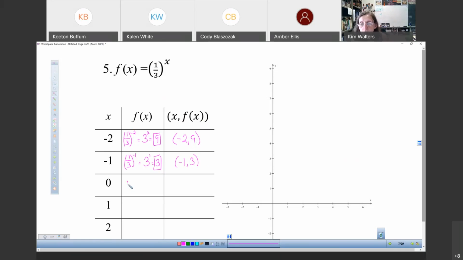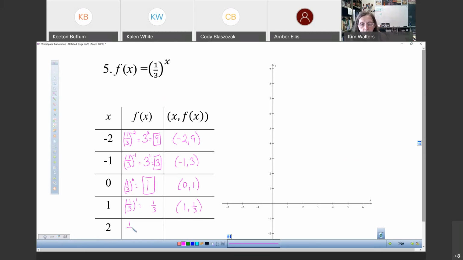That's important. So I have 1/3 to the 0 power, and that's still going to be 1. So I have the point 0, 1. That's still my y-intercept. 1/3 to the 1st power is going to be 1/3. So here come my fractions now with my positive exponents.